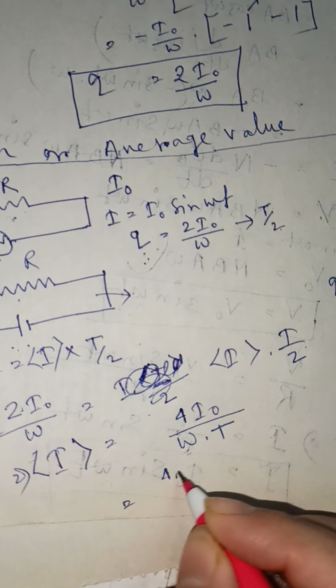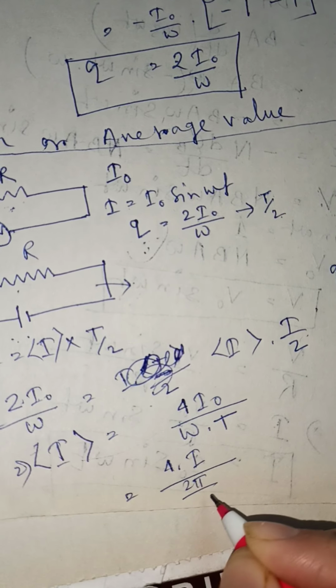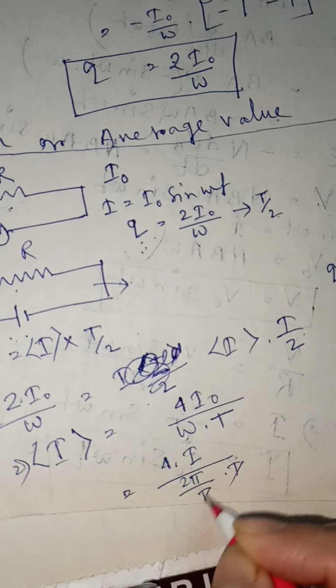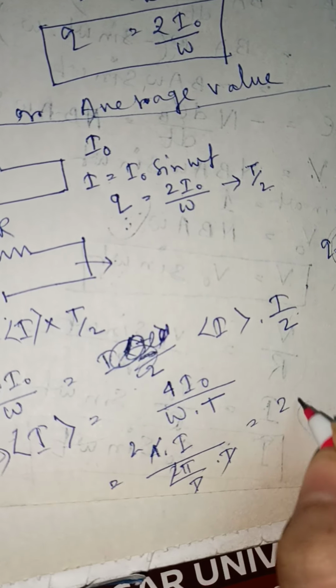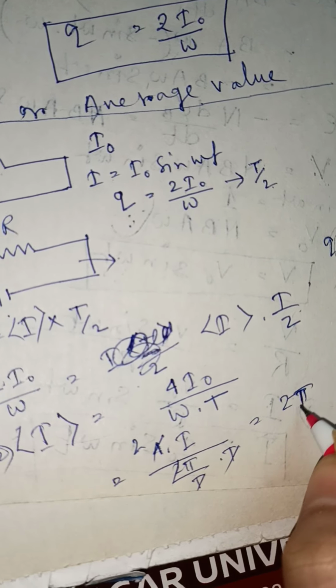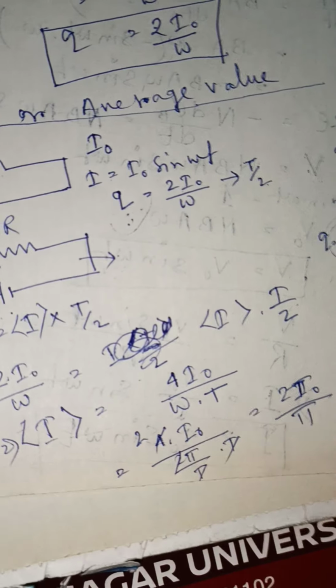Now 4 into I naught omega equals what? 2 pi by T into T. T cancels, 4 cancels, so 2 I naught by pi.